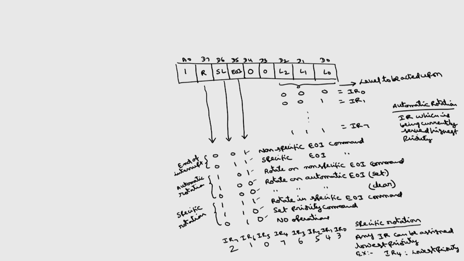Similarly, the order of priority will be, for example, if IR 7 is currently being served, it will have the highest priority 0, then the next one will be assigned 1, then 2, 3, then 4, 5, 6, 7. This is the difference between automatic rotation and specific rotation.